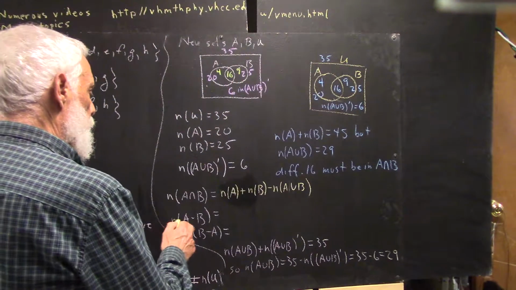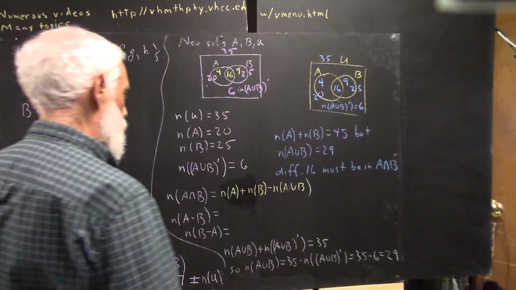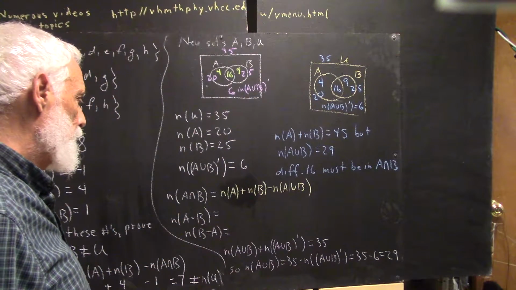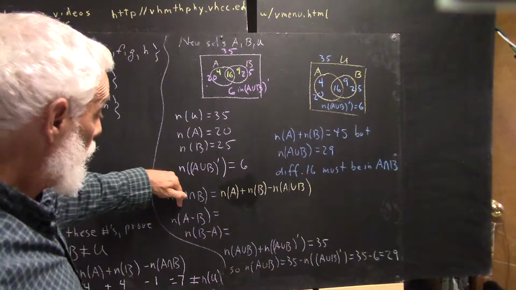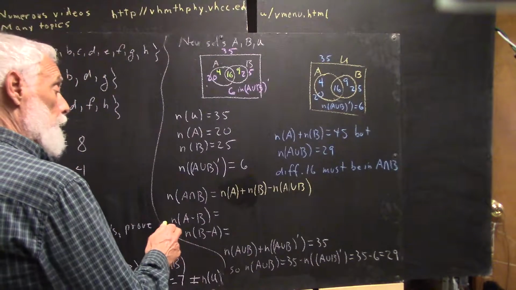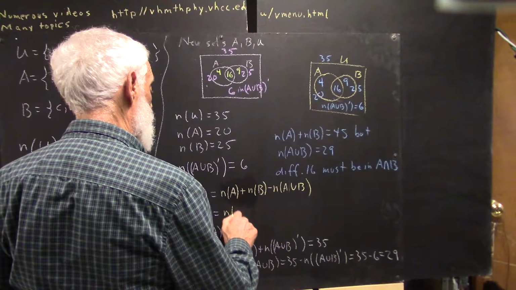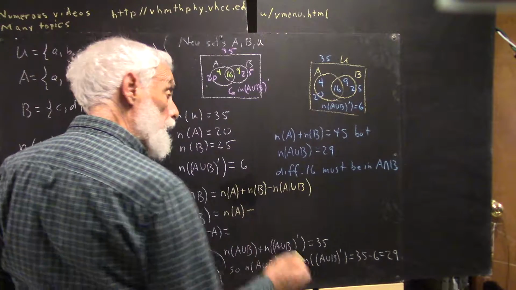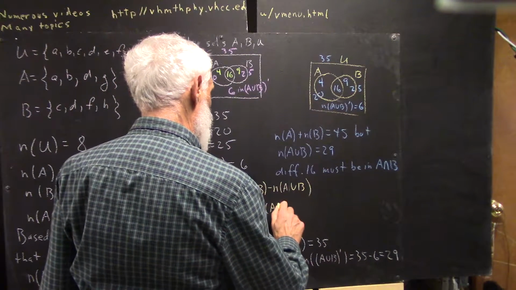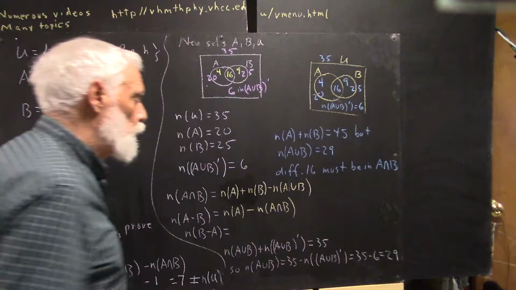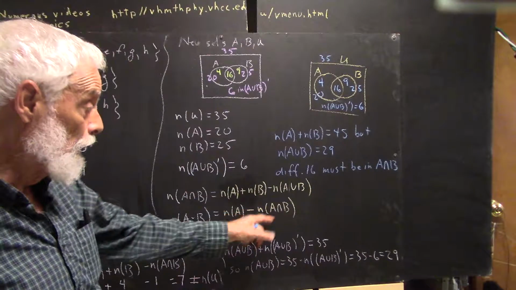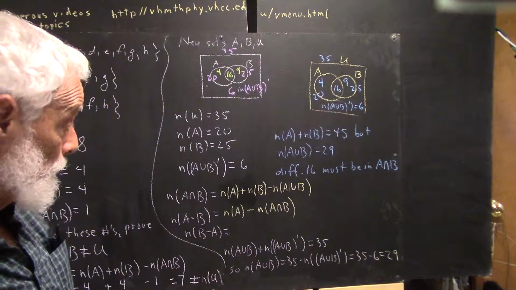Okay? The number in A minus B, well, A minus B consists of everything in A that isn't in B. Okay, the things that are in A that are in B are in the intersection. So the number of elements in A minus B has to be the number of elements in A, not minus the number of elements in B, but the number of elements in A intersection B, because you don't take them out of A unless they're in A. You can't take something out that's not in the set.